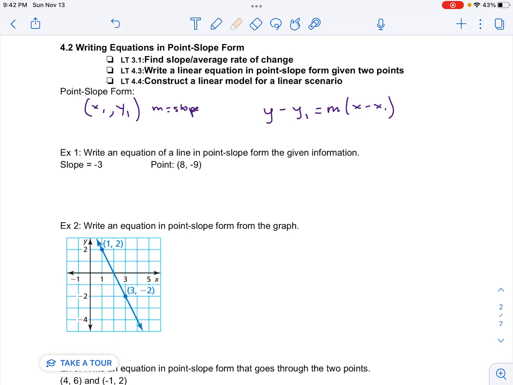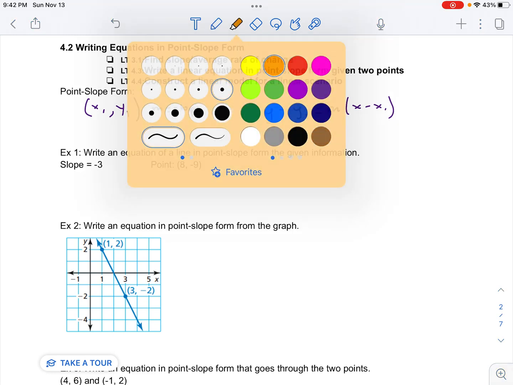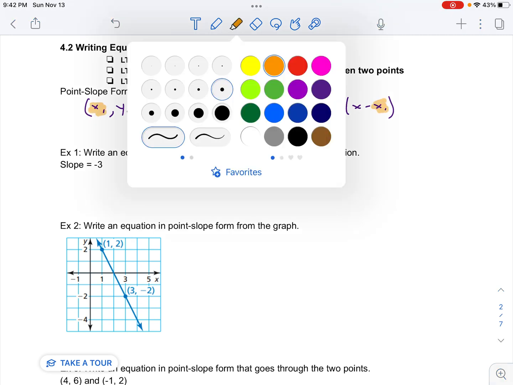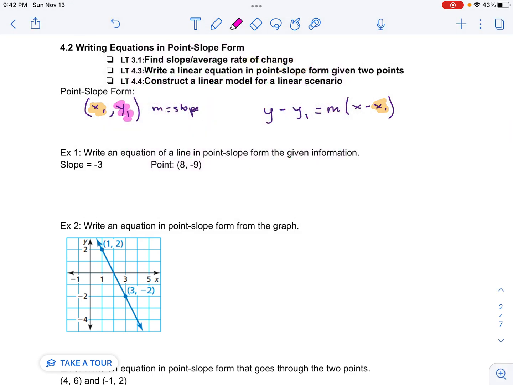What I'd like to reiterate here, because this gets tricky, is that this is where x1 is represented, and the y1 is represented here. Now notice something: x1, y1 go in opposite of what you see.